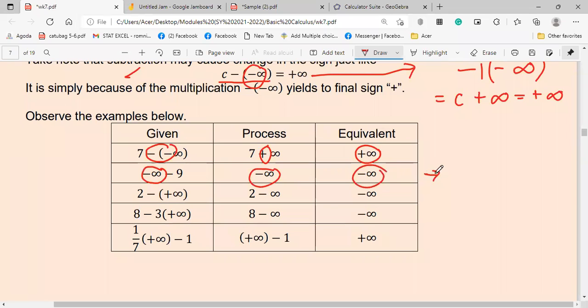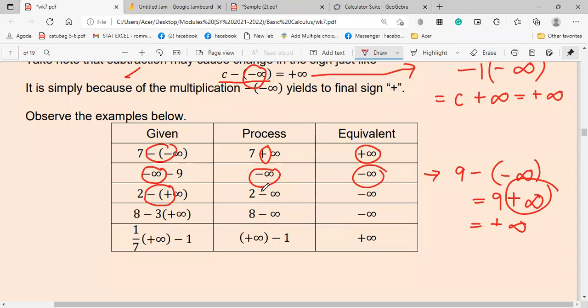Ang hindi magpe-prevail na negative infinity pag pinaliktad mo yan. Let's say for example, 9 minus negative infinity. Ang sagot mo dyan ay 9 plus infinity, positive infinity. Pero ito kasi hindi. Walang epekto sa kanya, sa pwesto. 2 minus positive infinity.